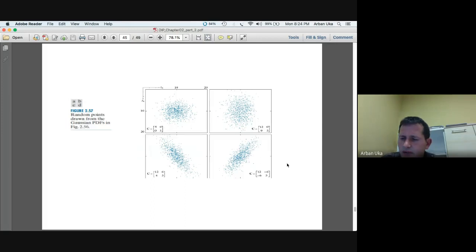In slide 45, given the matrix 12, 6, 6, 5, find the eigenvalues, that means find lambda I, find the diagonalizing matrix, and find also the eigenvectors. The eigenvectors that you are going to find, most probably, are going to be the direction of how the randomly generated points are distributed.